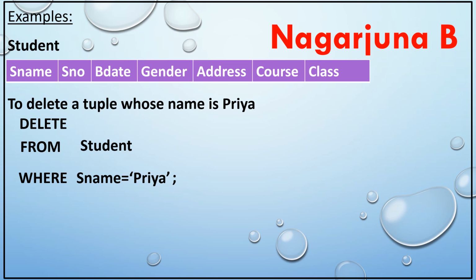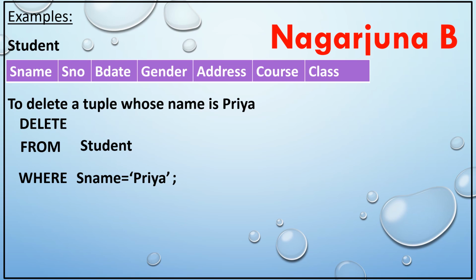And if more than one student has the name Priya, those student details will also be deleted, because here the condition is sname equal to Priya. All those student tuples will be deleted, not only the name, the tuple with respect to sname equal to Priya will be deleted.